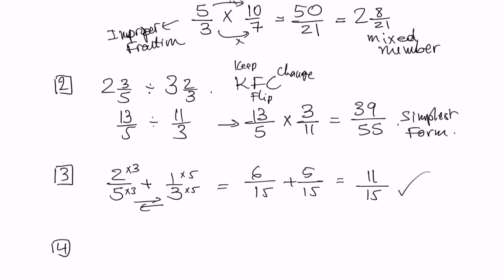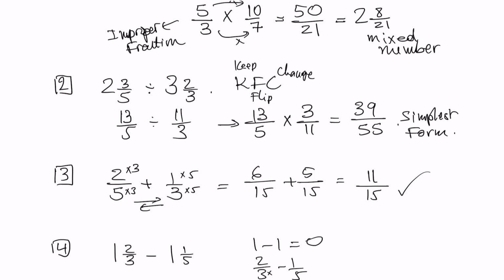subtractions. So let's say 1 and 2/3 minus 1 and 1/5. So we have two different ways here. You can do 1 minus 1 equals 0, and then 2/3 minus 1/5.